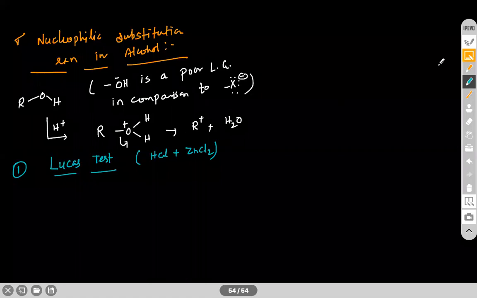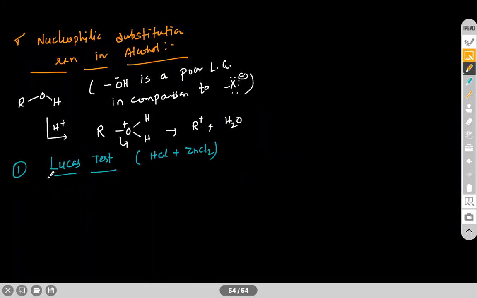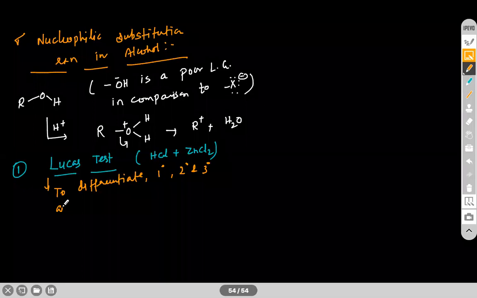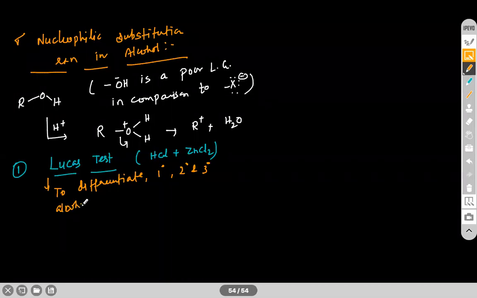And this test is used to differentiate 1 degree, 2 degree and 3 degree alcohol.